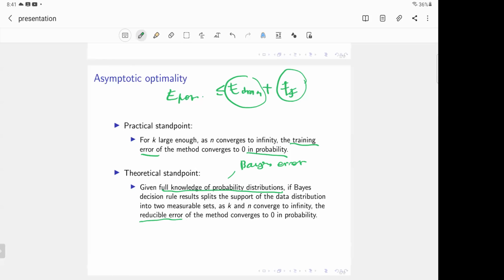And we show that if bias decision rule, which actually leads to bias error, splits the support of the probability distribution into two measurable sets, then as k and n go to infinity, the reducible error of the method converges to 0 in probability. So the overall method error converges to bias error, to the optimal error in probability.